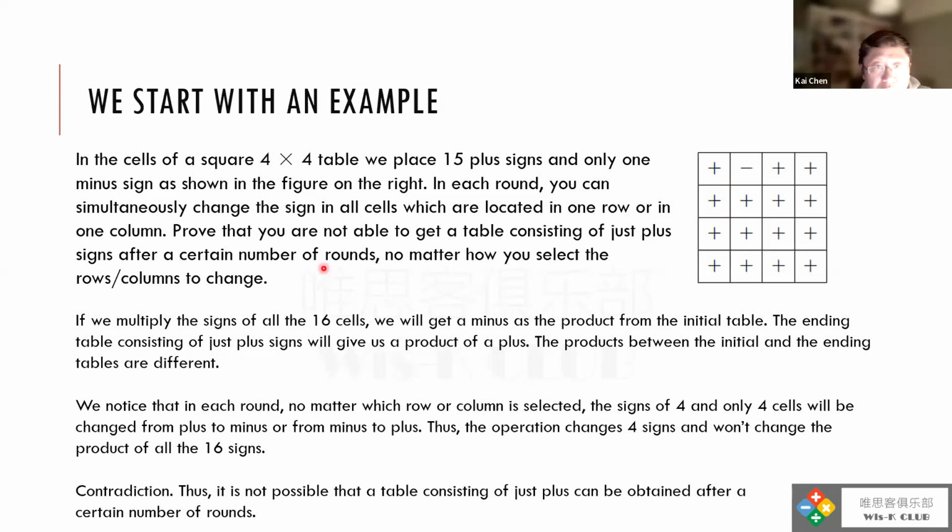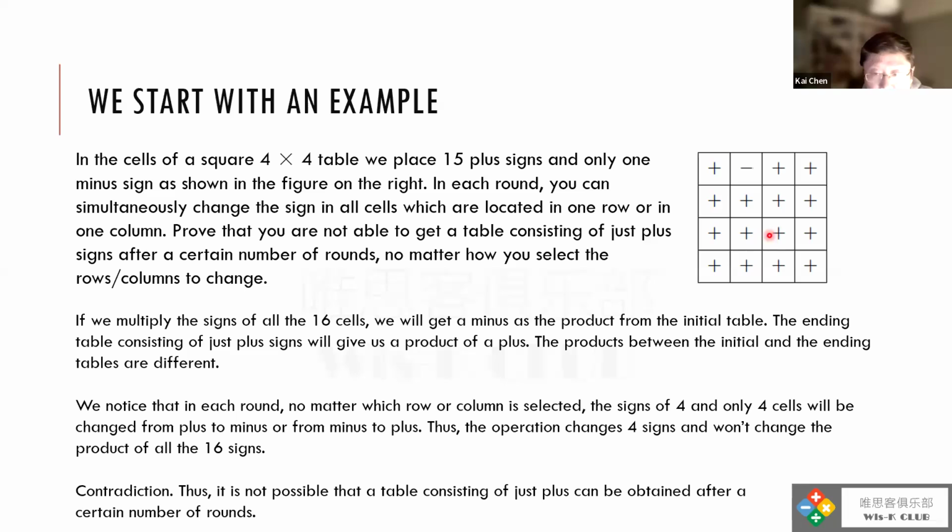So you focus on the rules. You can choose one row or one column to change all the signs. So actually, in each round, you change the sign of 4 squares. No matter if it's minus or plus, you always change the sign for 4 squares.